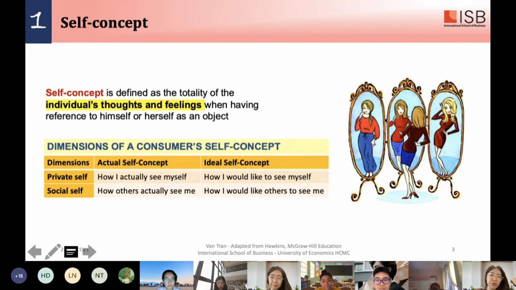And then we have the social actual self. That is how others actually see me. So you may constantly try to collect cues, information, some kind of clues about how others see you, how others think and feel about you, and form that as a part of your self-concept as well. Some types of personalities are really concerned with what others think about them.